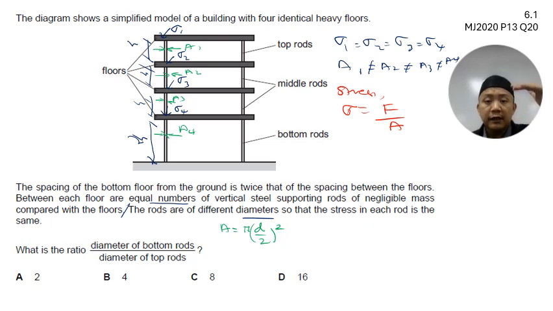Because this is a model of a building with one floor on top of each other, the most bottom rod will have an accumulated amount of force piled up on top of it. Let's say each floor is uniform.